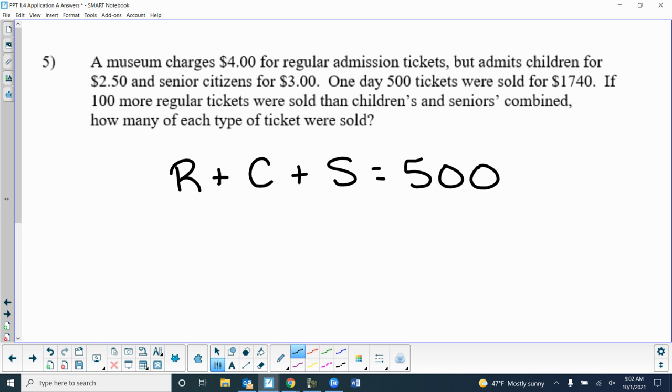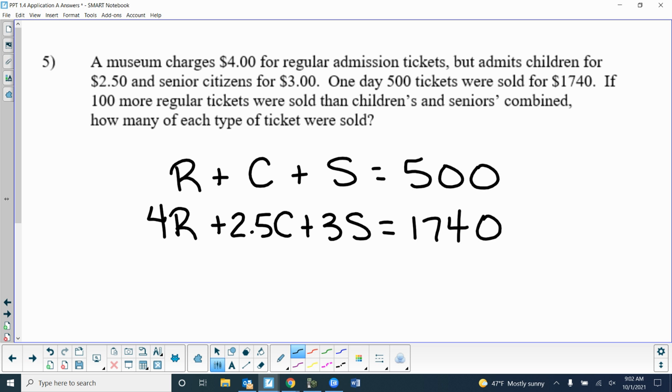The price of a regular was 4. The price of a child was $2.50. And the price of a senior was $3. And that day they made on those ticket sales that much money. You okay with those two equations? Now, this is like the one we just did where I got in a hurry. It says, if 100 more regular tickets were sold than children's and seniors combined, all right?